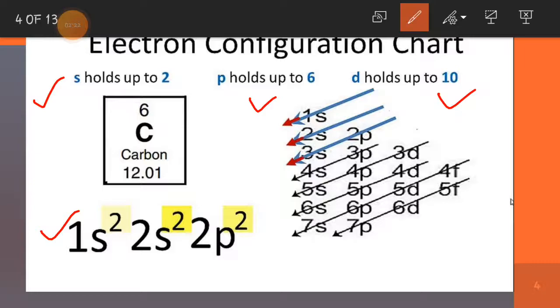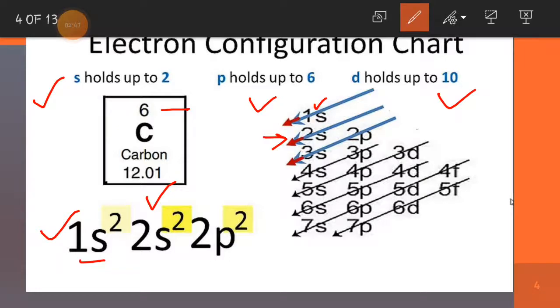We know that the atomic number for carbon is 6. So first we will fill the 1s orbital, and since the s orbital can only accommodate 2 electrons, we will first fill the 1s with 2 electrons. Then we will move towards the second shell. In the second shell we have 2 orbitals, 2s and 2p, filling the 2s orbital with 2 electrons.